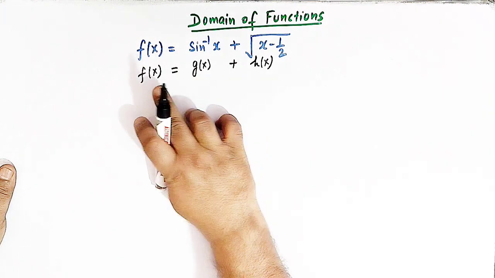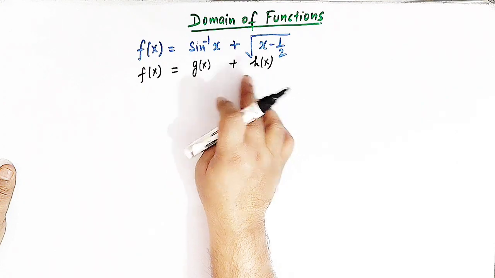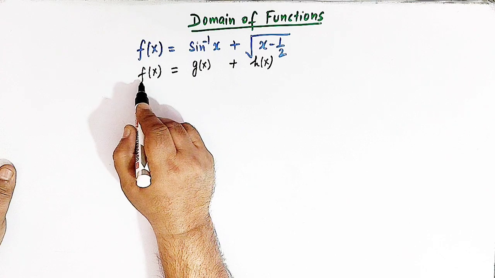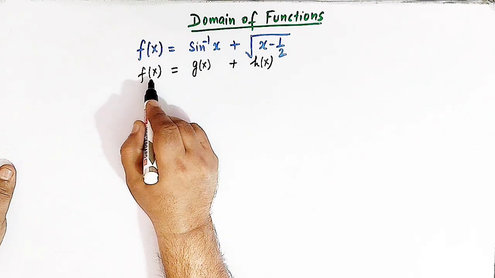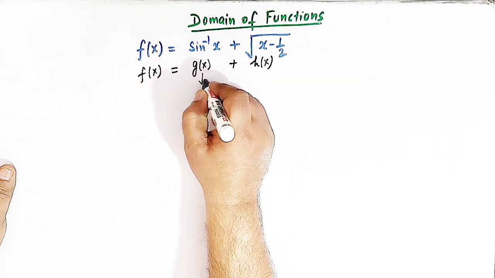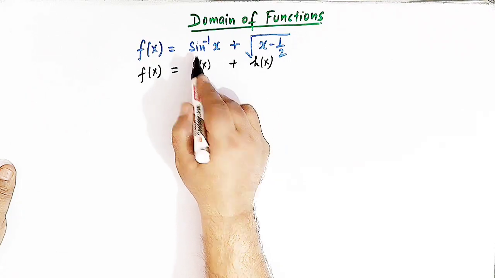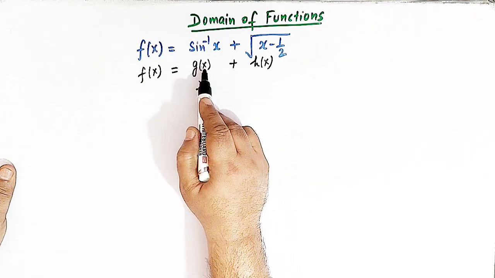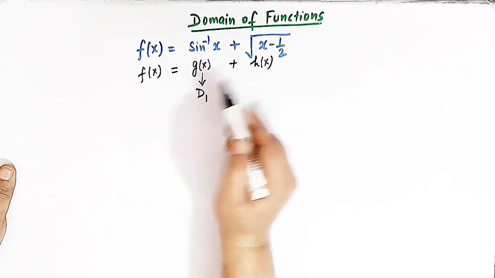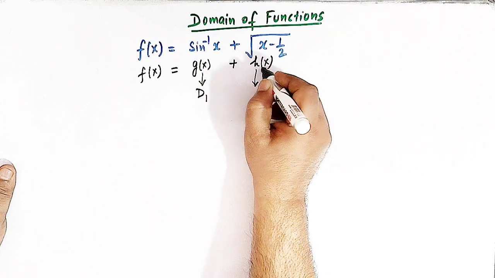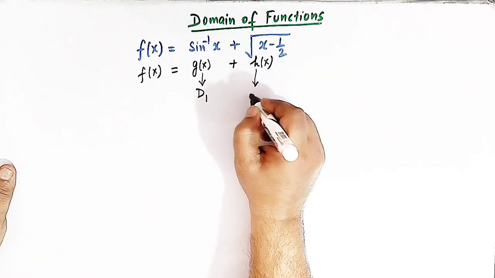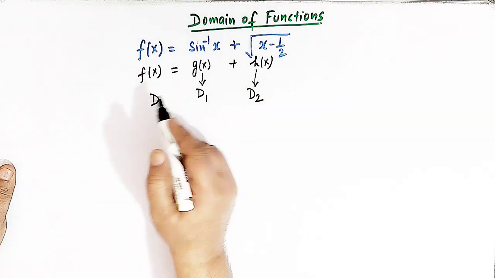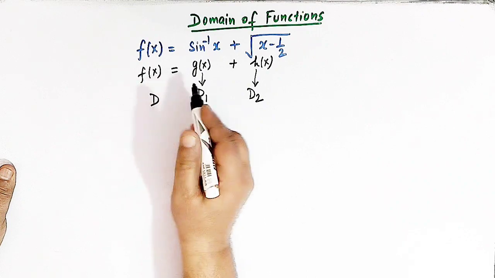So whenever we have a function which is described as a sum of two functions, then to find out the domain of that function, which is f of x, we find the domain of g of x. So let us denote the domain of g of x, which is sine inverse x, as d1, and let us denote the domain of h of x as d2, right? And let us take the domain of f of x as d.